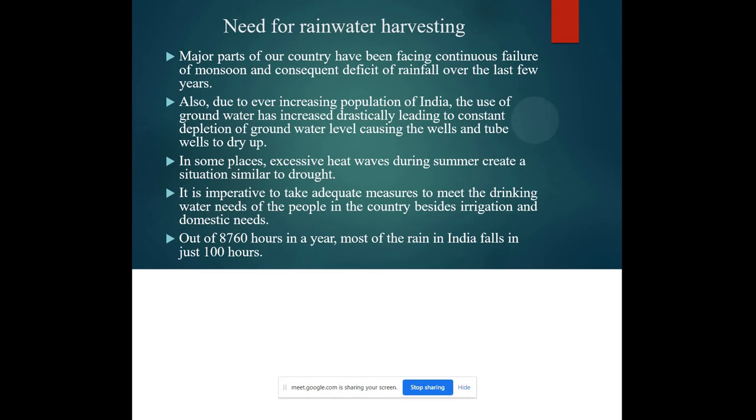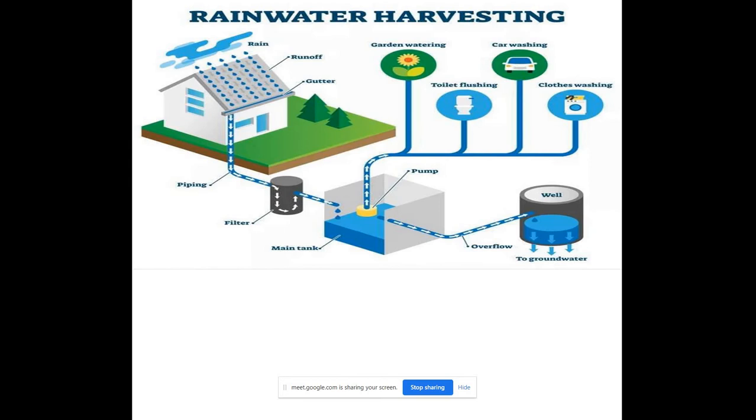Need for rainwater harvesting. Major parts of our country have been facing continuous failure of monsoon and consequent deficit of rainfall over the last few years. Also, due to the ever increasing population of India, the use of groundwater increases drastically, leading to constant depletion of groundwater level, causing the wells and tube wells to dry up.